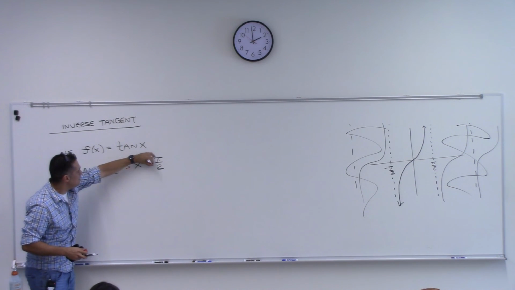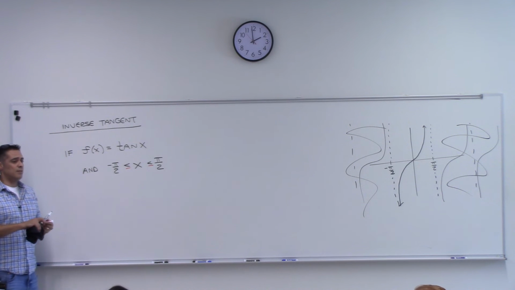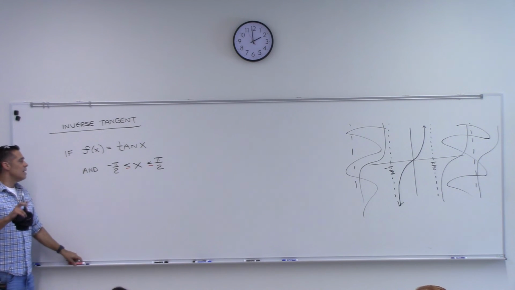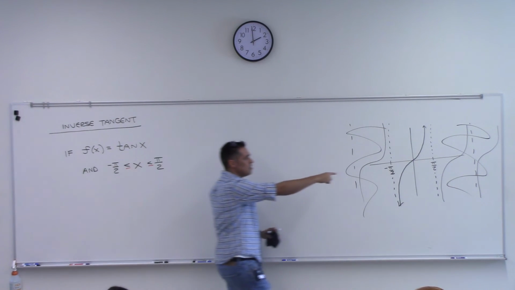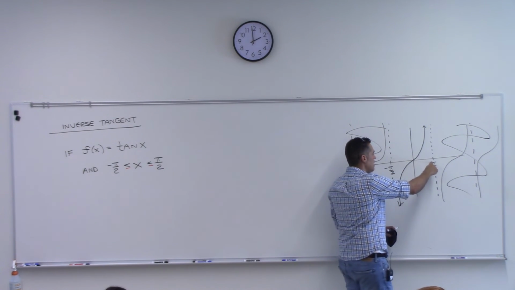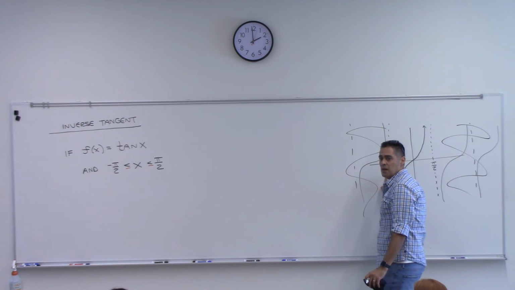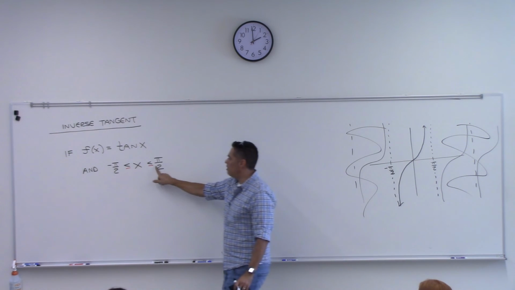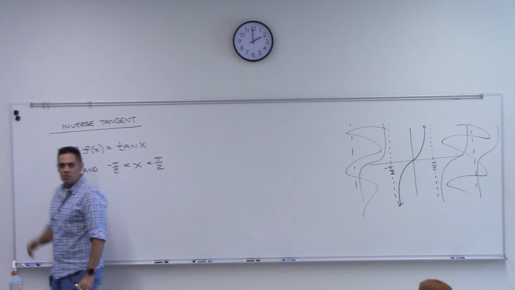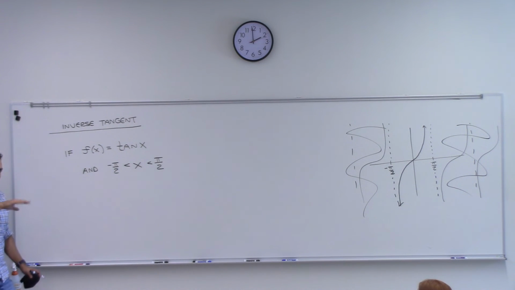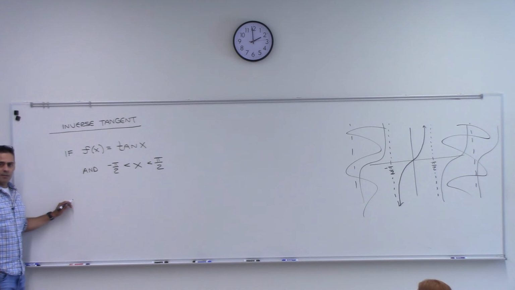I said it was okay to actually be equal to pi over 2 and negative pi over 2, didn't I? Here you can't, because at pi over 2, tangent is undefined, right? And at negative pi over 2, tangent is undefined as well. So we cannot ever let it equal pi over 2 and negative pi over 2. So it's a slightly different domain restriction than sine. Slightly, right?